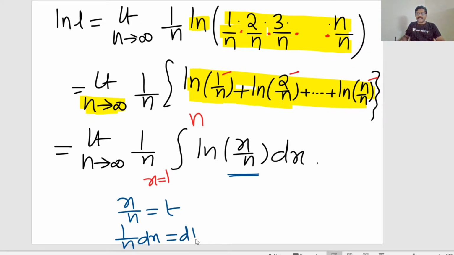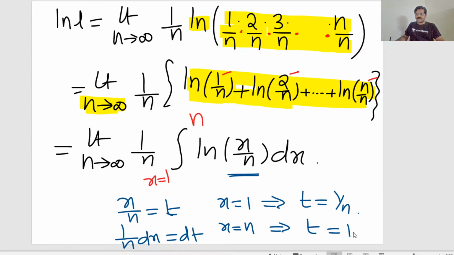Then 1 by n dx equal to dt. When x is 1, t is 1 by n. When x is n, t is 1.